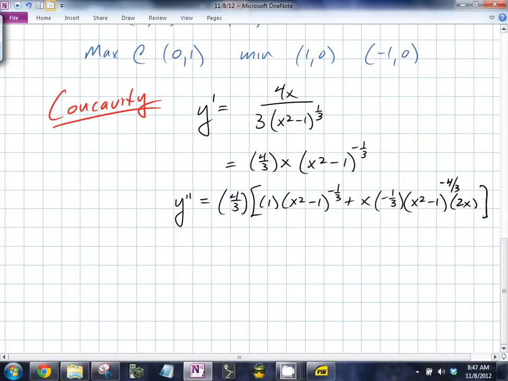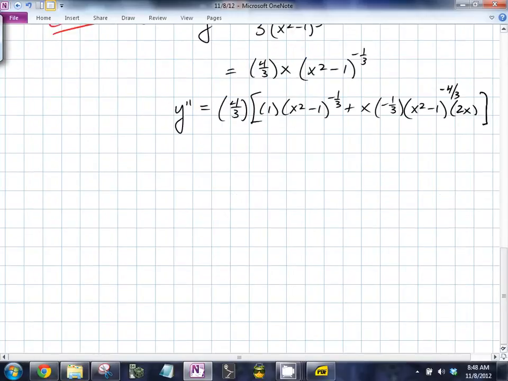What do we need to do to this before we can really analyze it? We should clean it up. Exactly, we should simplify. So y double prime is going to be equal to, well, that 4/3 is kind of irrelevant to our math. So what do we have here? 1 over the cube root of x squared minus 1, minus what?